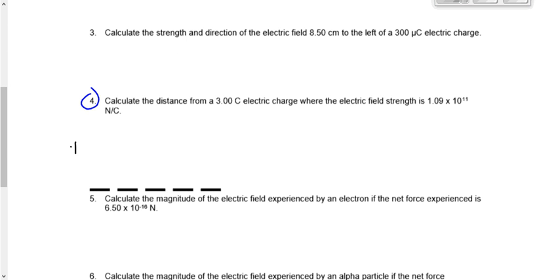Let's draw this out. Sometimes it's helpful to draw it out to determine whether you have a producer, experiencer, uniform, non-uniform. This is my 3 coulomb charge. I want to find the field strength right here, a certain distance away from that 3 coulomb charge.